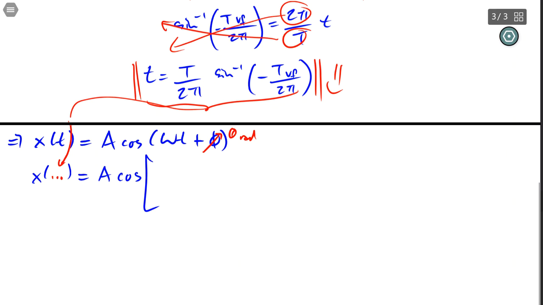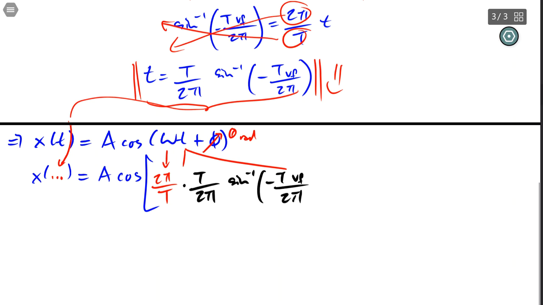This is still 2 pi over T, while our time, let me use black. Wow.